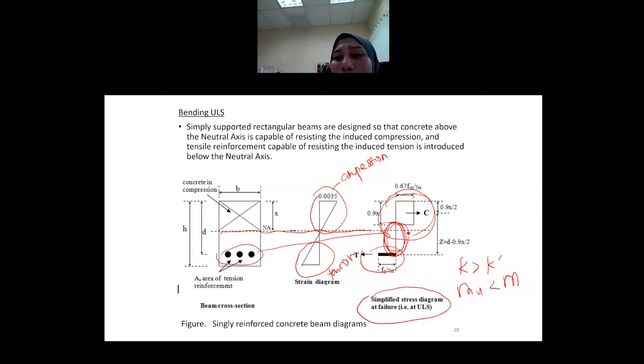Okay, to resist tension dekat bawah ni. Kalau beam you hanya semata-mata konkrit saja, nothing to resist the tension. Okay, bila dia sampai dekat maximum without reinforcement, this is what will happen. So bila you tambah reinforcement akan ada tension yang to cover up bahagian bawah ni lah.